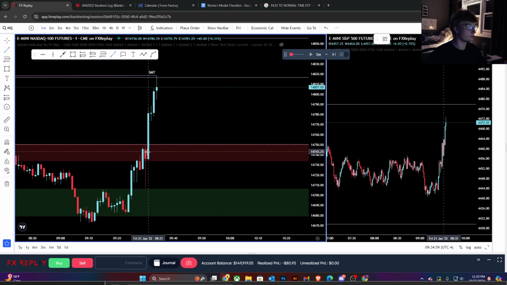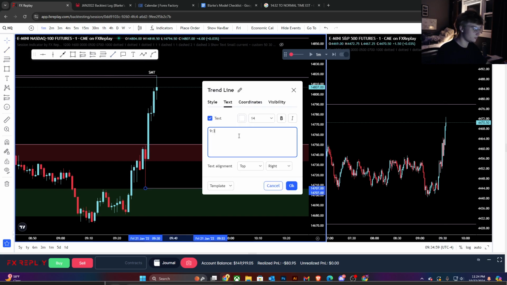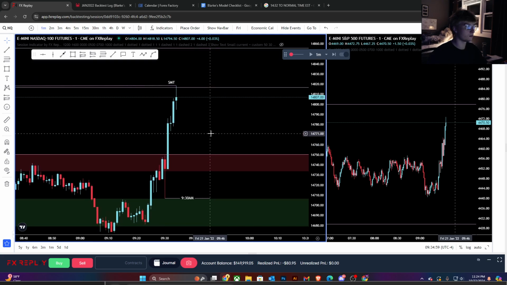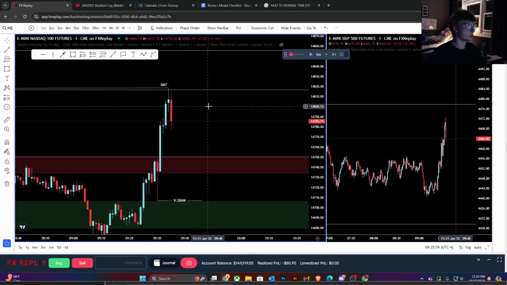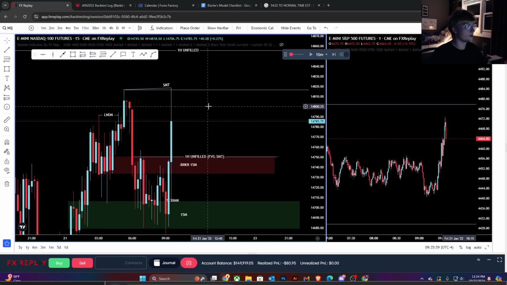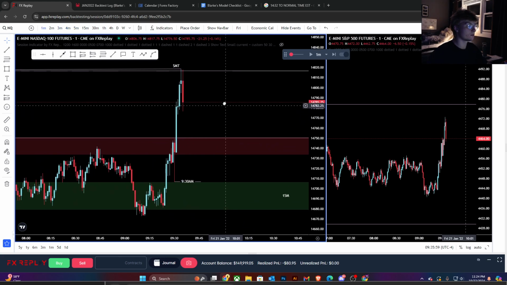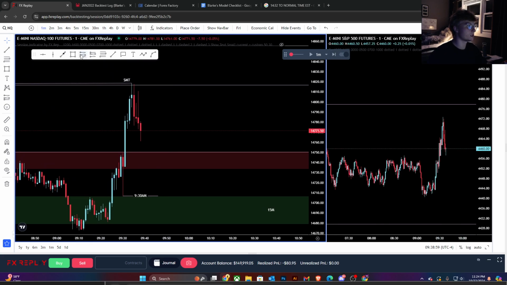Mark up 9:30 low here. Nice SMT as well. Could deliver us lower right now. A nice SMT there playing out.